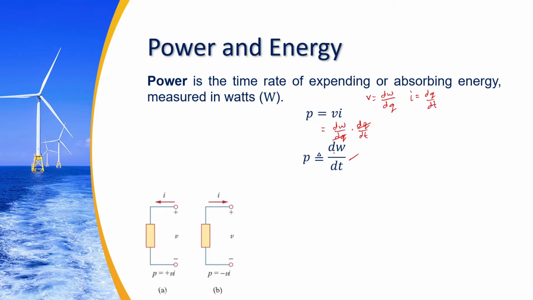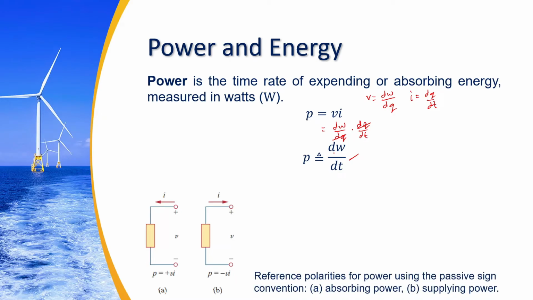Okay? So, in this figure, reference polarities for power using the passive sign convention, yung A is para sa absorbing power at yung B para sa supplying power. So, ano ibig sabihin niyan? Kapag sinabing absorbing power, ibig sabihin, siya yung kumukuha ng power. Pag supplying power, siya yung nagbibigay. Sabi, ang lahat ng total power na inabsorb ay equal sa lahat ng total power na sinupply.